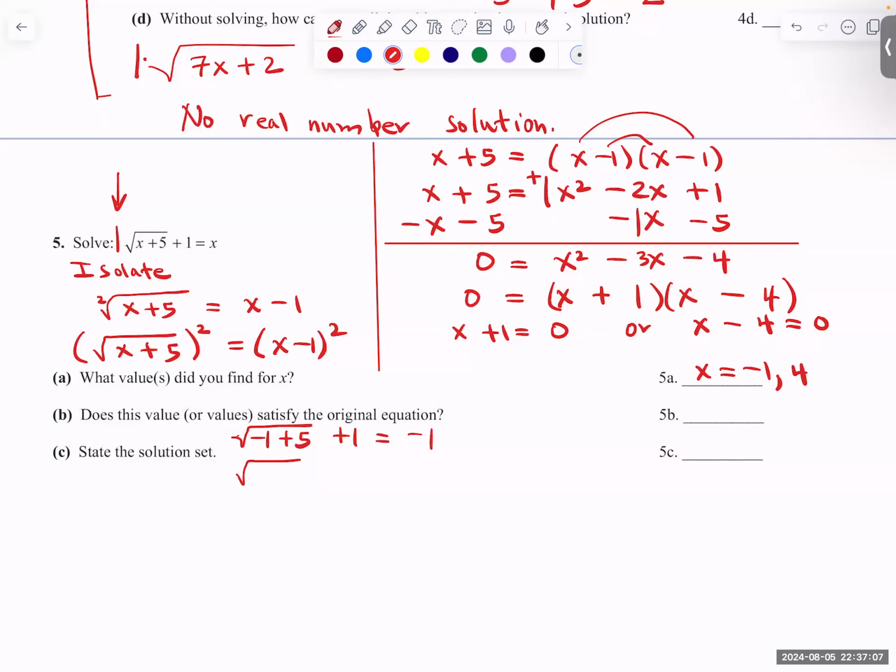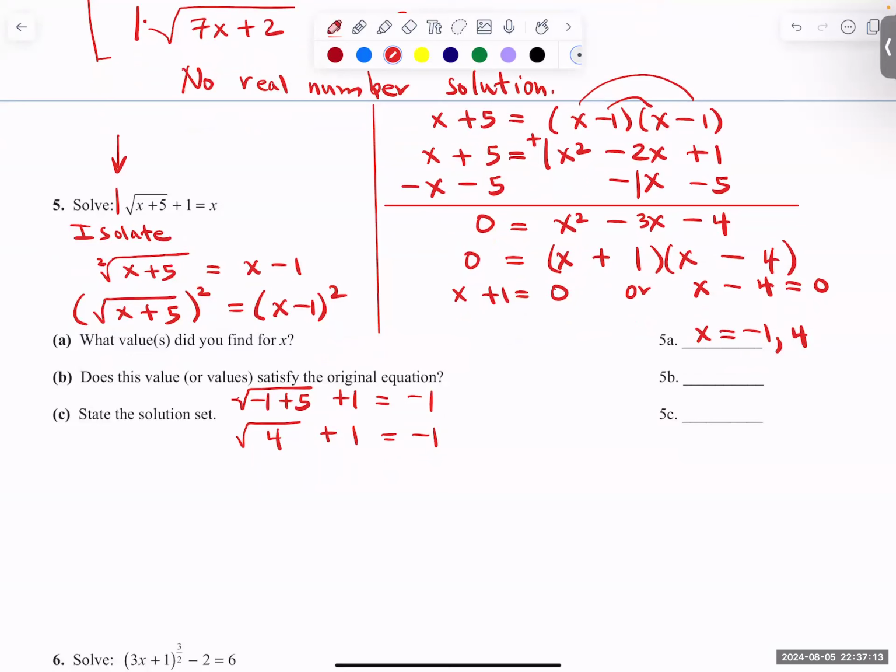So that's the principal square root of 4 plus 1. Does that equal -1? The principal square root of 4 is 2. 2 plus 1 does not equal -1. 3 equals -1 is false. So that solution doesn't check.